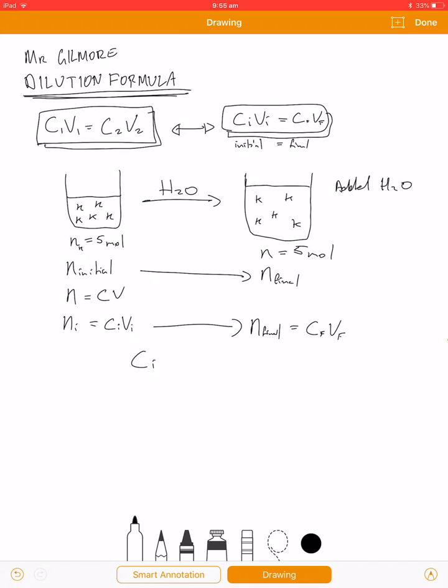Then from that we can see that CI VI equals CF VF. That is where that formula comes from.